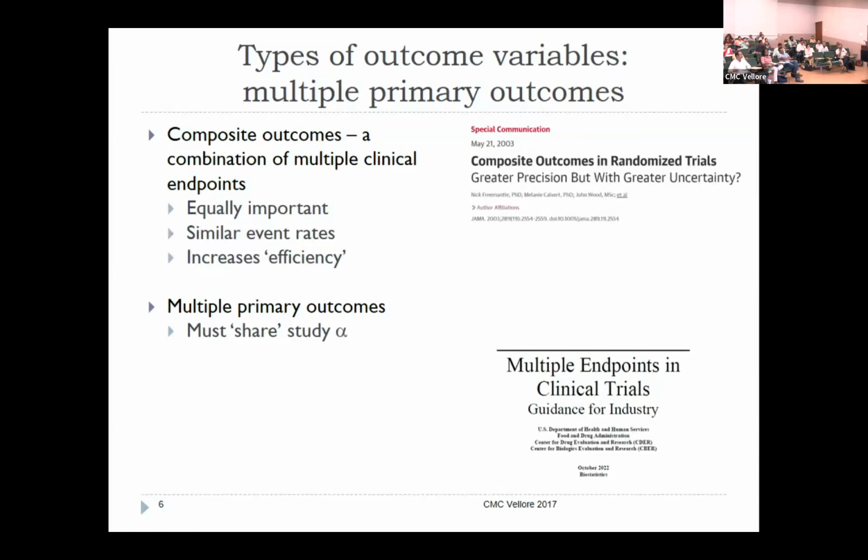And that's what a lot of people do. They say, okay, I have these two primaries, but this one is more primary than this one. So I will test this one at 0.05. And if it is significant, then I will test the second one at 0.05. But if it's not significant, then I don't even test the second one.